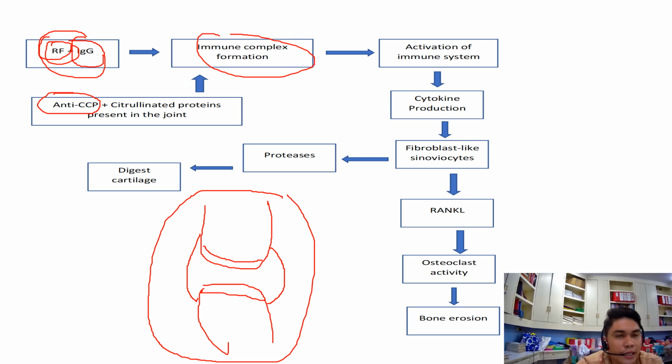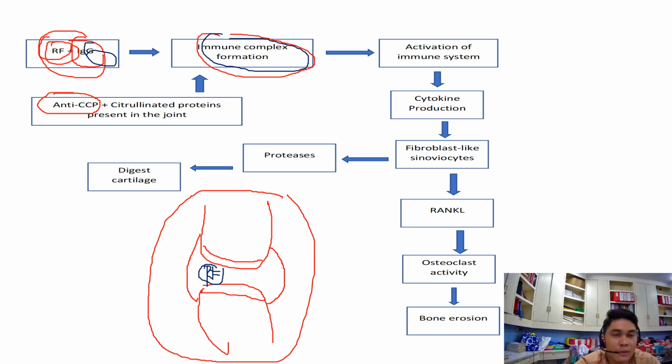Now, in rheumatoid arthritis, you have the production of rheumatoid factor. RF is also present in the synovial fluid. If that synovial fluid contains RF, the RF will react with IgG, and you have immune complex formation.